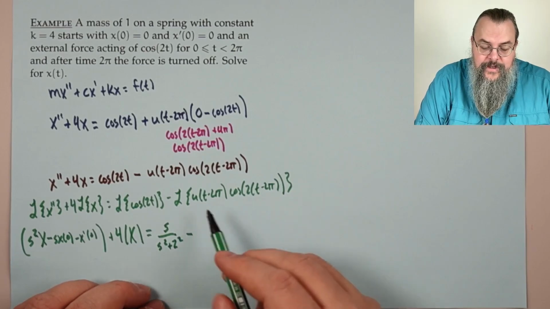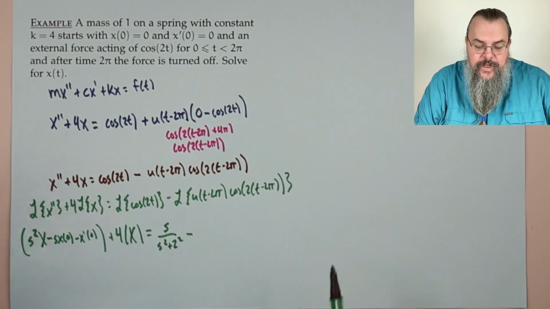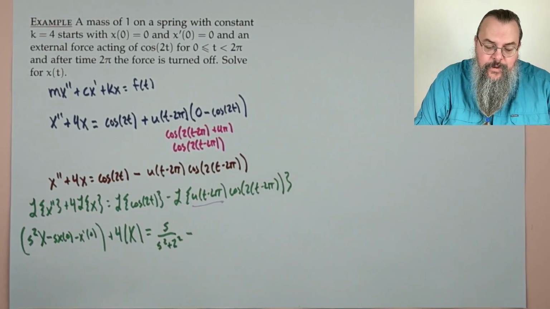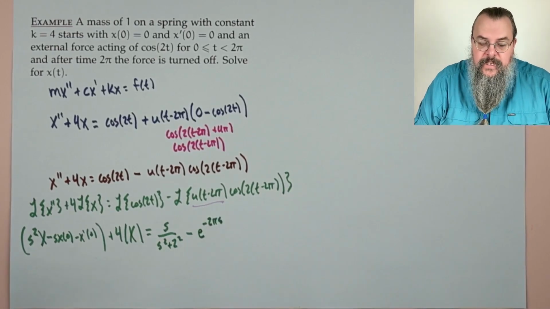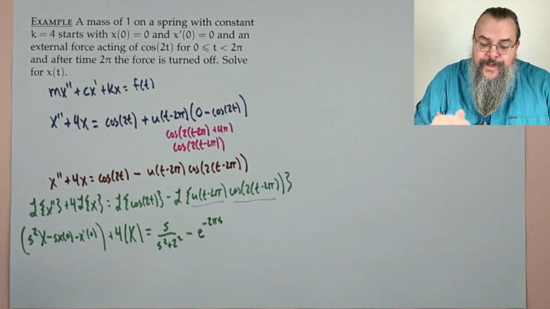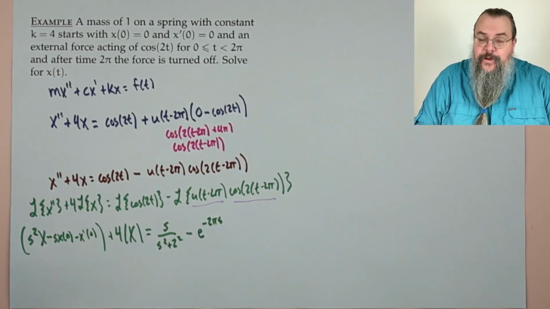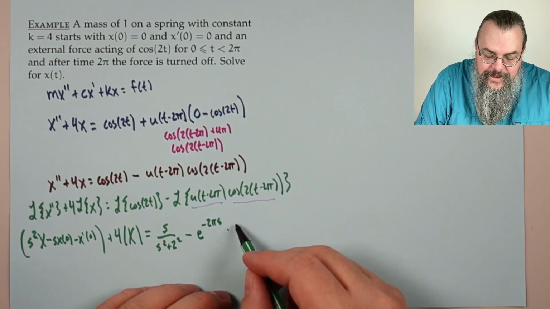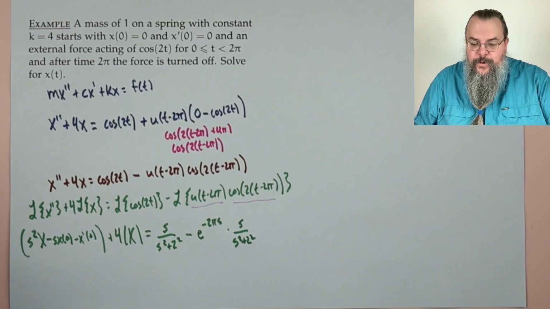Now, our Laplace transform of u(t minus 2 pi) cosine 2(t minus 2 pi). So this part, u(t minus 2 pi), tells us we're going to have e to the minus 2 pi s. This other part, we say, okay, now imagine that the t minus 2 pi was just t, so it's cosine 2t. We know how to do that. It's right there. So that's s over s squared plus 2 squared. Great, cool.